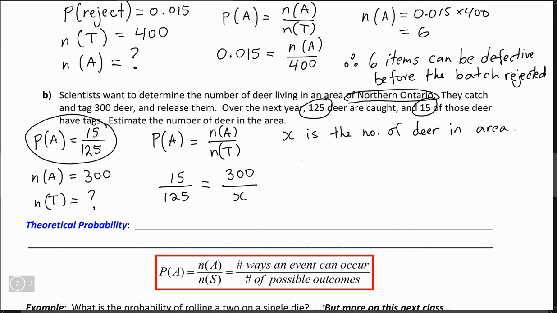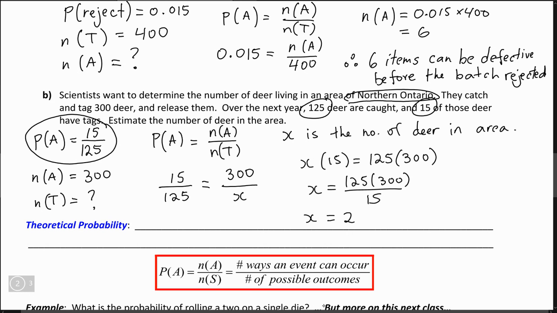Okay, so x times 15 is equal to 125 times 300. And so if I solve for x, x is equal to 125 times 300 over 15. And that gives me an answer of 2,500. Okay, so therefore, there are 2,500 deer in the area.